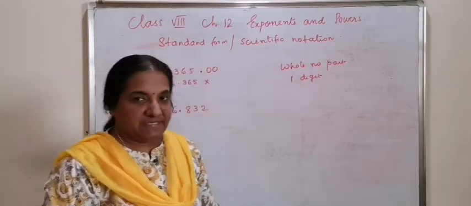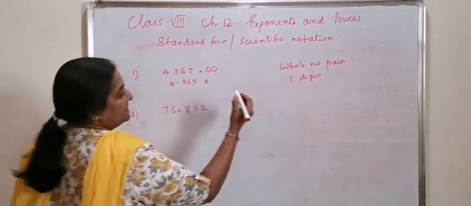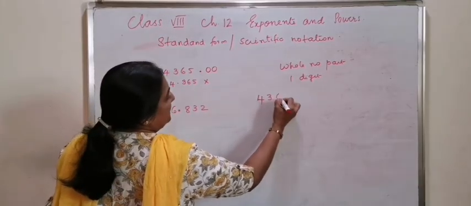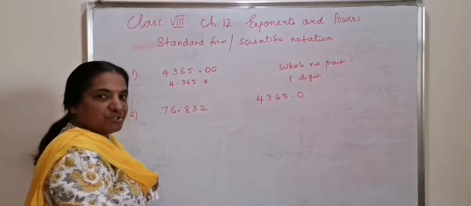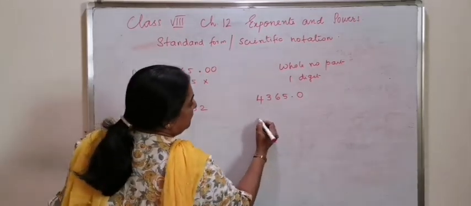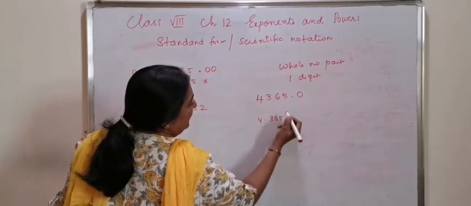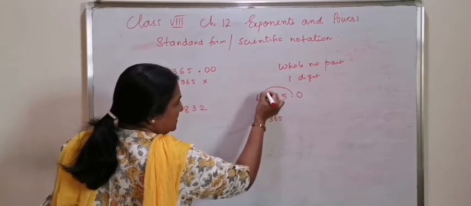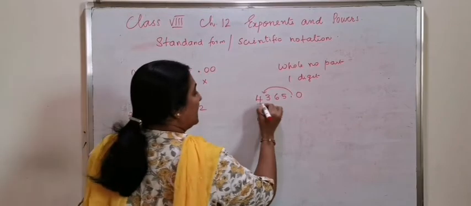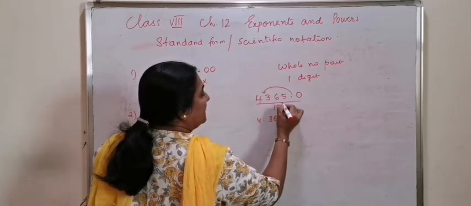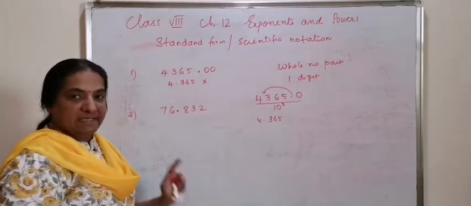How to express this? The first step is 4365.0. If it has to be expressed as 4.365, the decimal place should shift 3 places to the left, which shows that you are dividing by 10 to the power of 3.